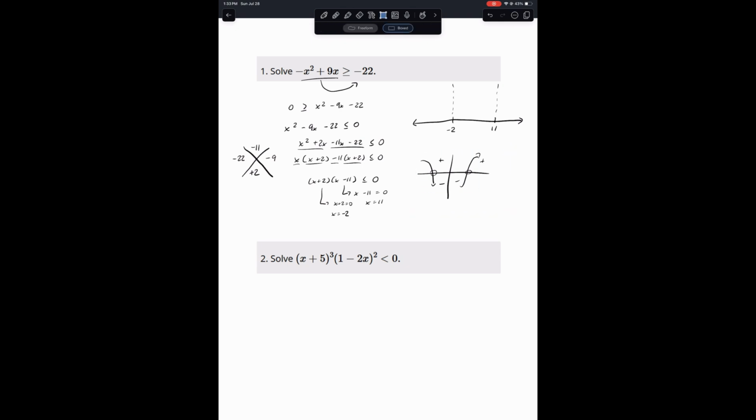The reason this is important is because we have 0 as our constant. So if you cross a critical point, which we find by using 0, you're going from less than 0 to greater than 0, or vice versa. It also makes it easier to identify the regions we want. Since we're saying less than or equal to 0, I want everything below the x-axis, including any points on the line itself.